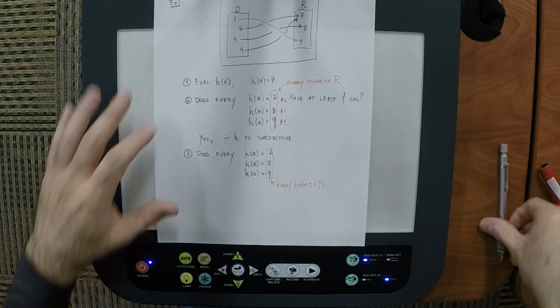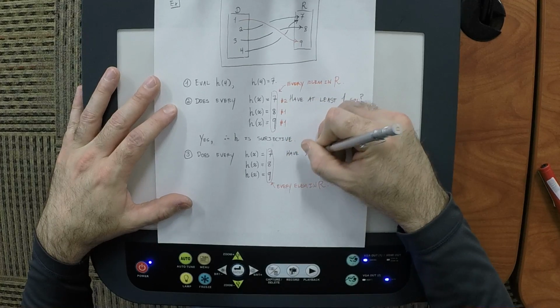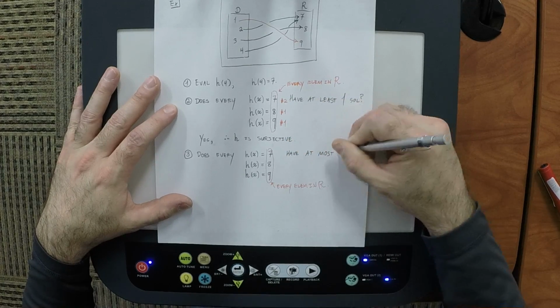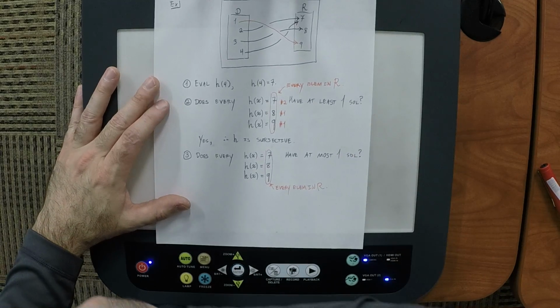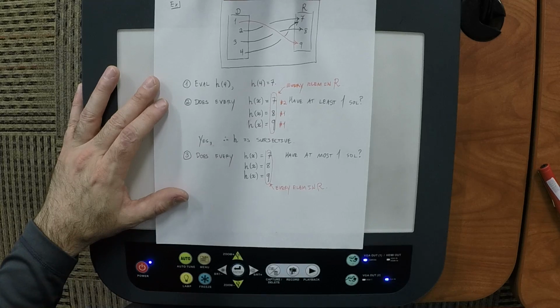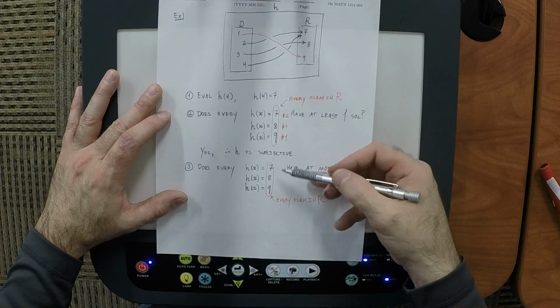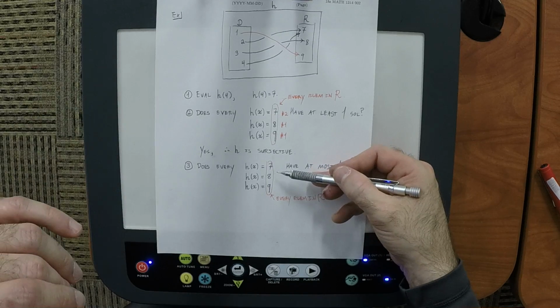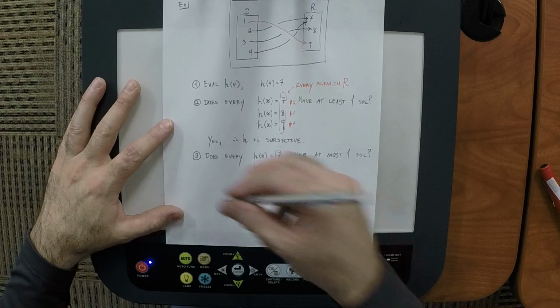Does every one of those have at most one solution? No, right? Because you can see that 7 has 2 solutions, which is more than 1. So the answer is no.